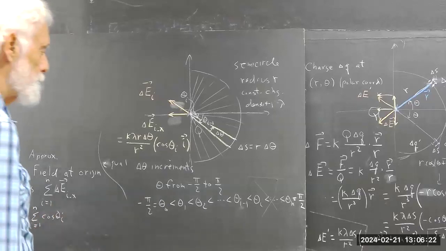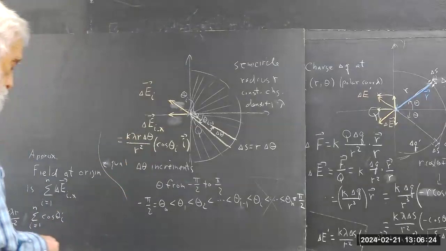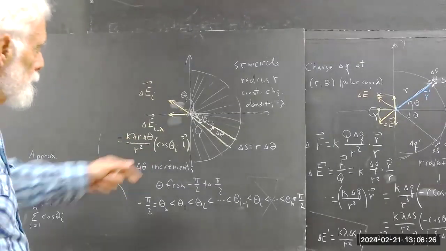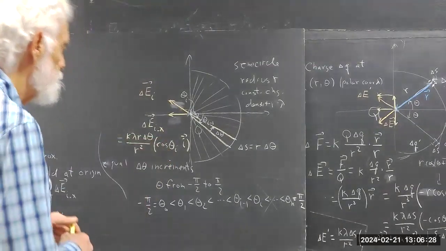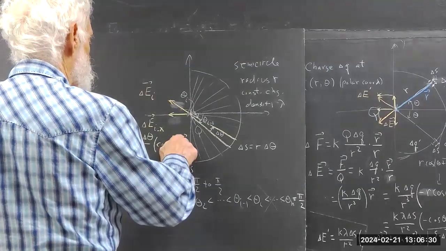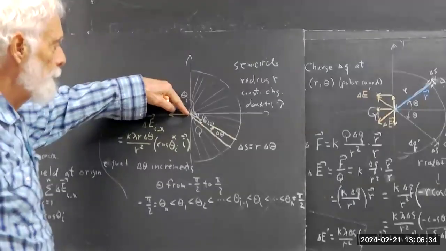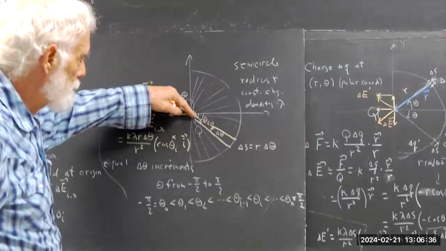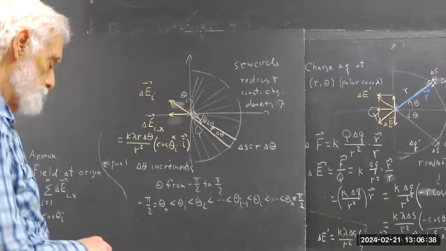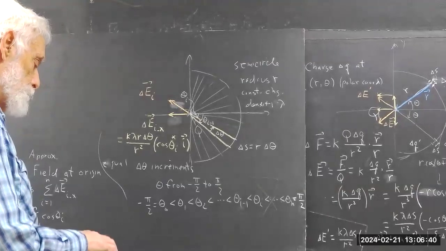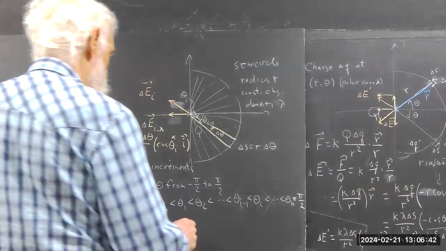Cosine theta sub i. Now, when I wrote down cosine theta sub i, I was a little careless. That should be a cosine of theta sub i star, a sample point, a sample angle between theta sub i minus 1 and theta sub i. So let me insert that.